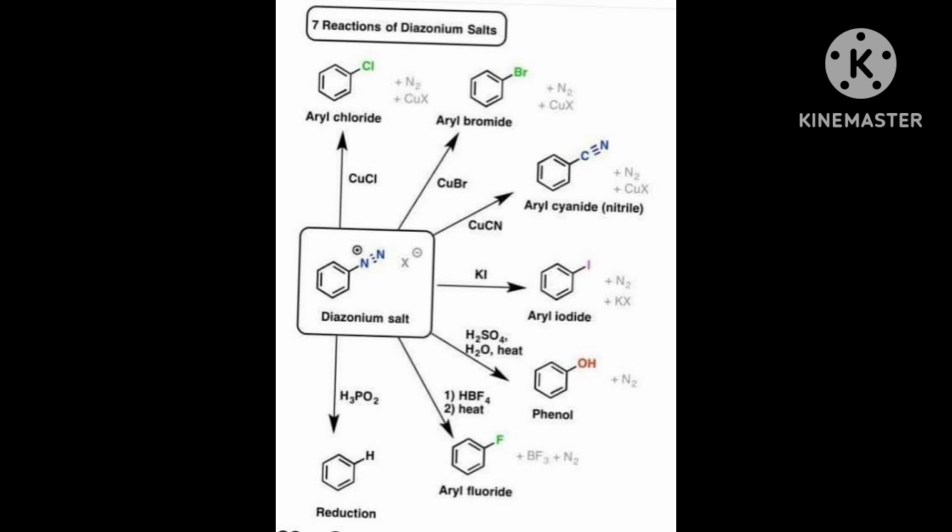Then you will get ArN2BF4. Because Cl is minus and HBF4 gives H plus and BF4 minus, then in the place of Cl minus, another minus, BF4, is going. Then you got now ArN2BF4. This is unstable. Now here the main reaction is going on.